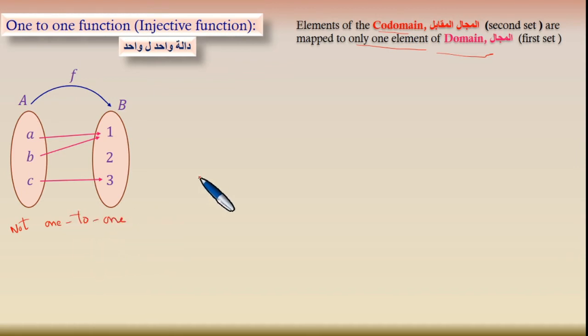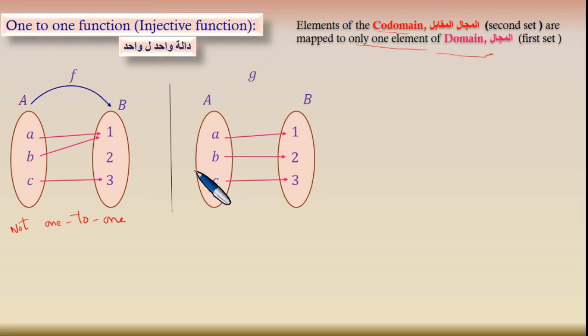One more example. Function g which maps from A to B. Here the codomain elements are 1, 2, 3. Just see the statement: element of codomain and element of domain must have only one relation, 2 and b, c and 3, only direct one-to-one relation.